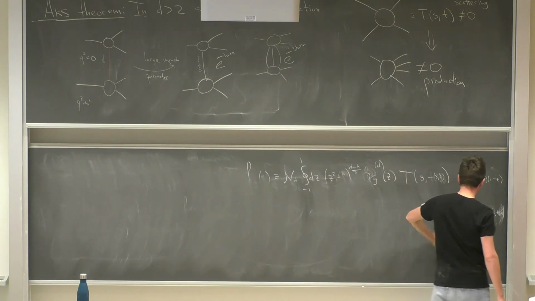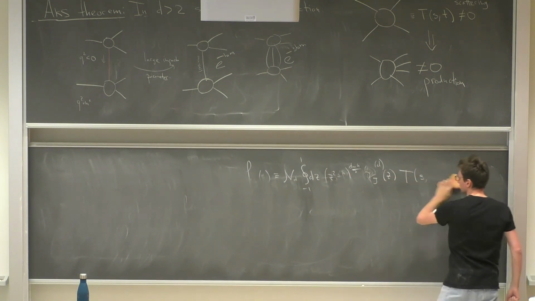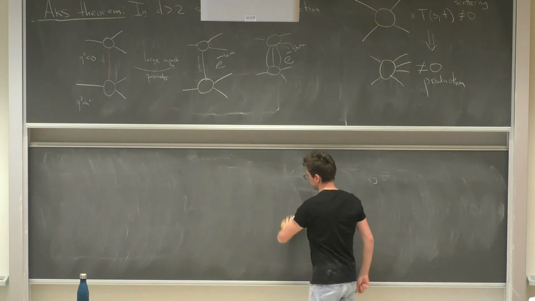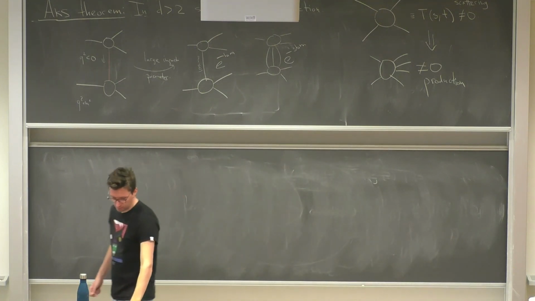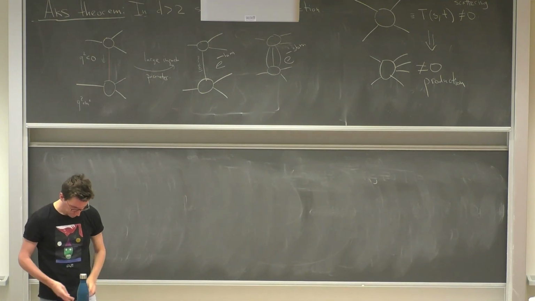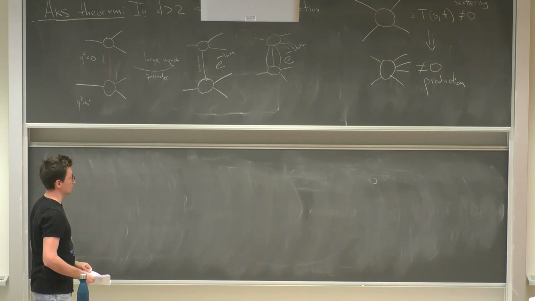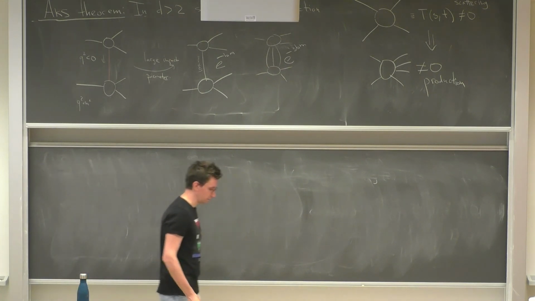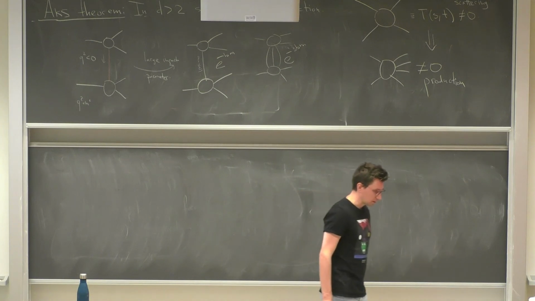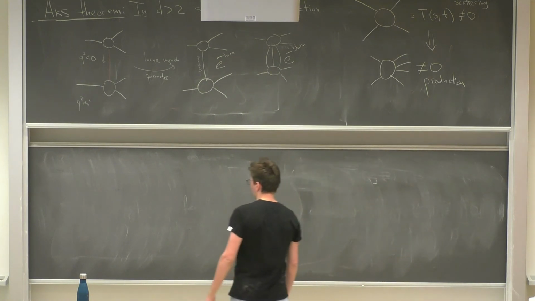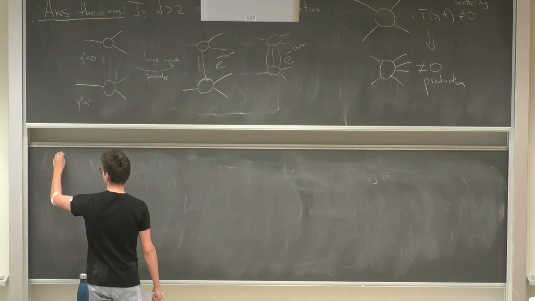So the math argument is the following. Remember at some point we wrote elastic unitarity for partial waves. Now let's assume the argument of Axe goes like this.